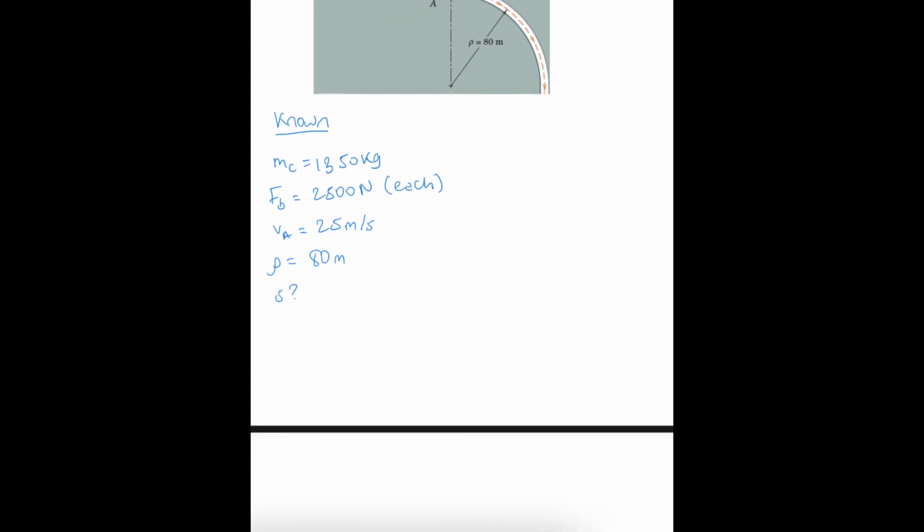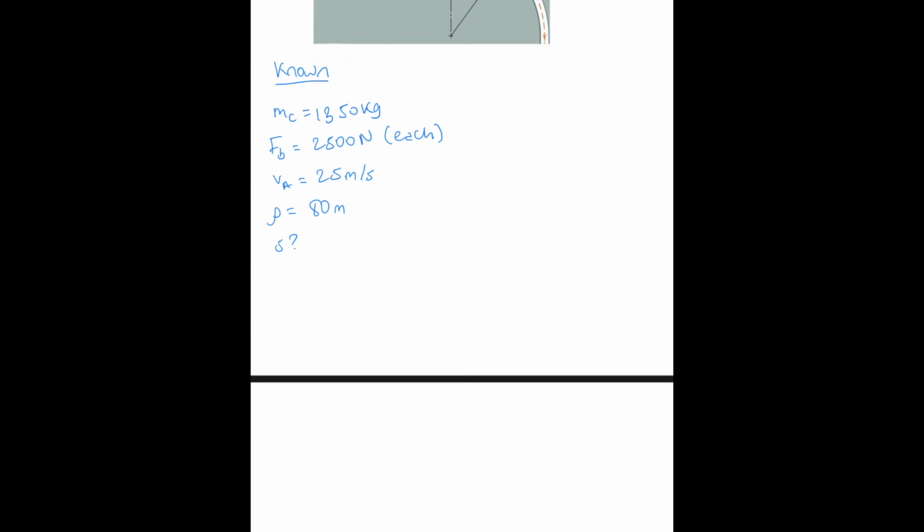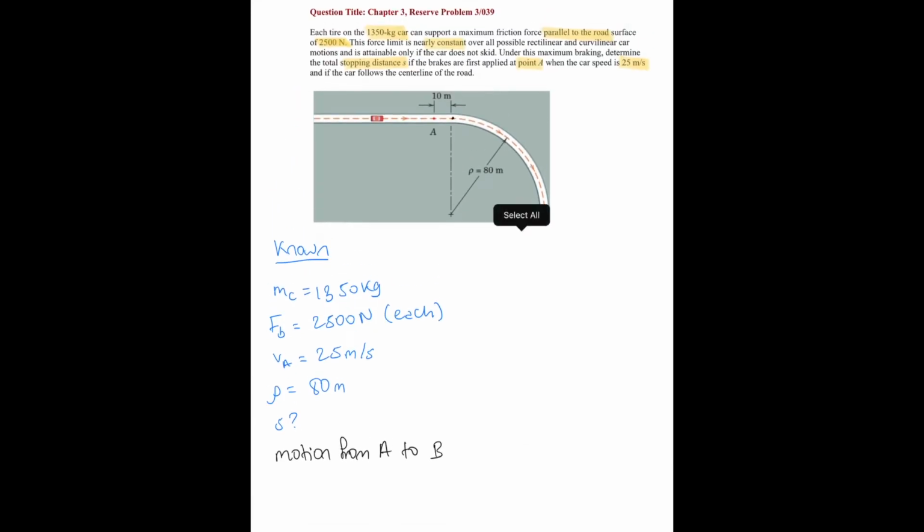Okay, so let's first evaluate the motion of the car from A to B. Let's call this point here point B. This is the linear distance of the car.